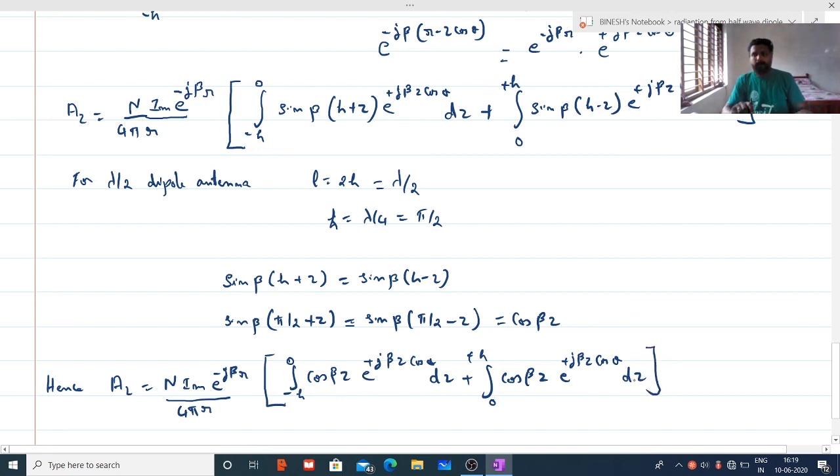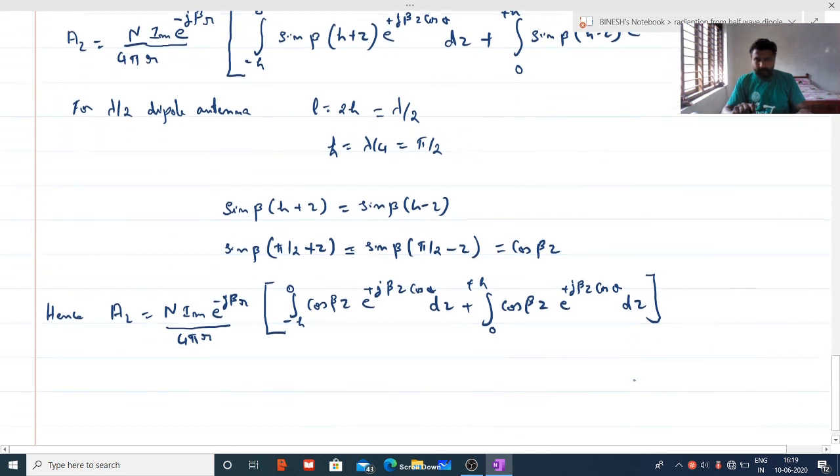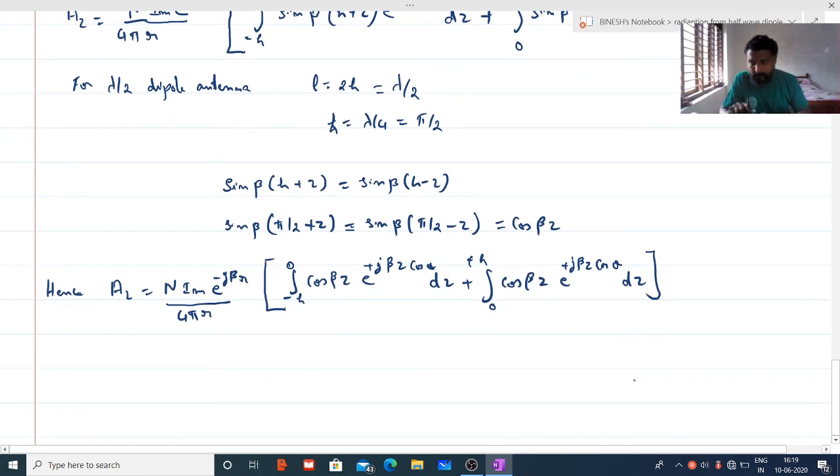Since the integration order is invertible, I can change this.